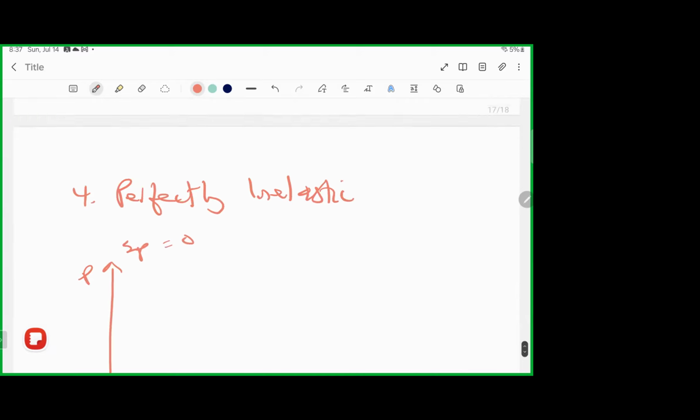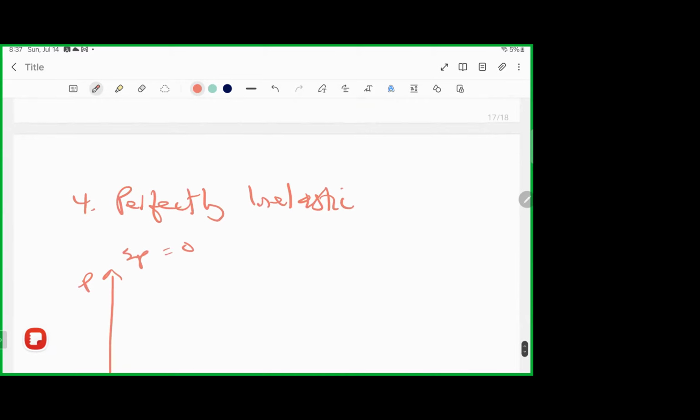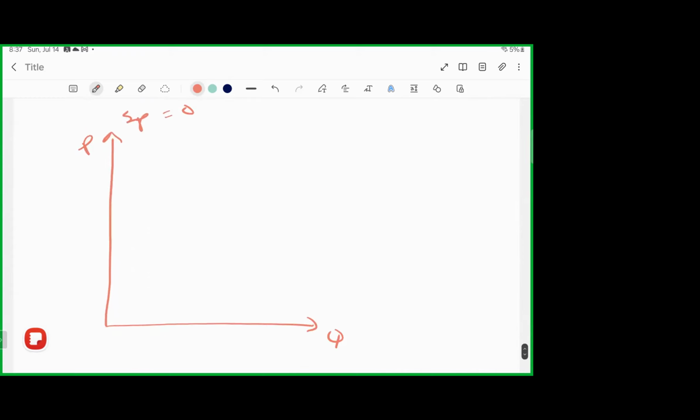Now, we normally use just a simple technique to know whether this is perfectly inelastic or not. If your demand curve behaves like this, a straight line, vertical like this, this is the special case of a demand curve. It means that the elasticity of demand will be 0.